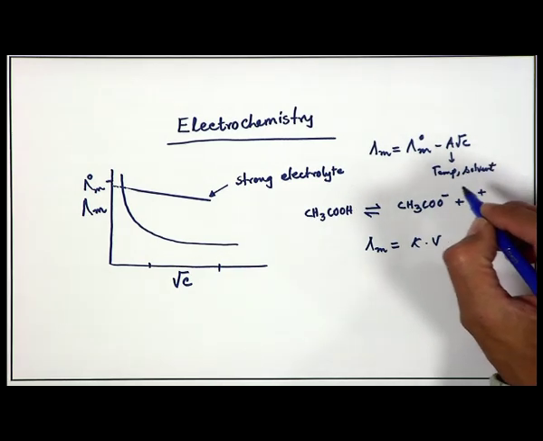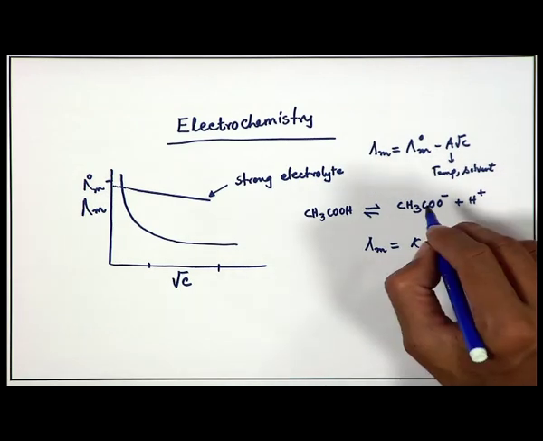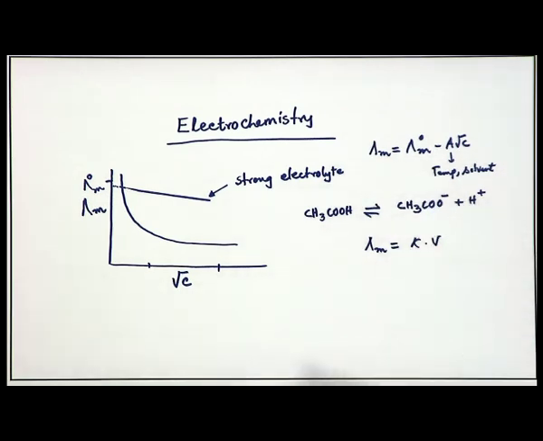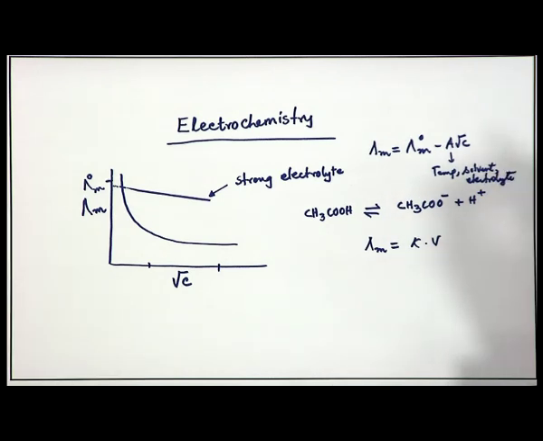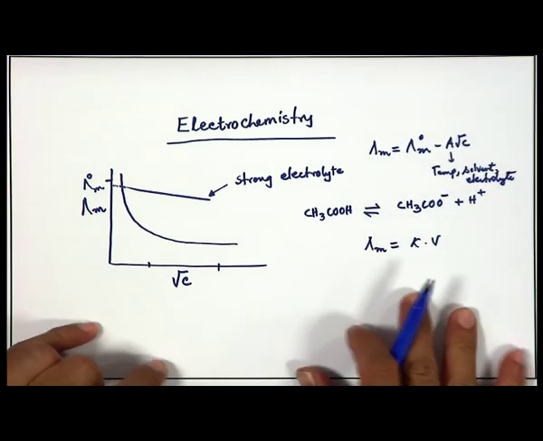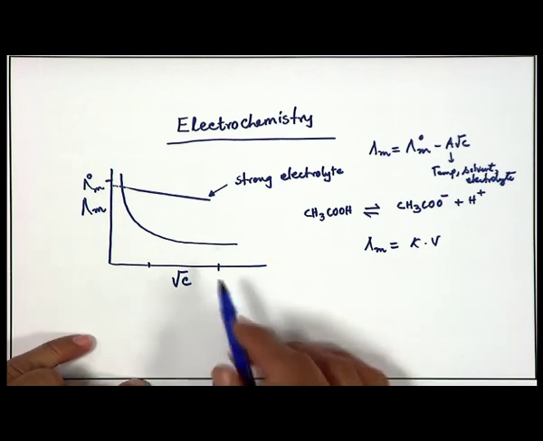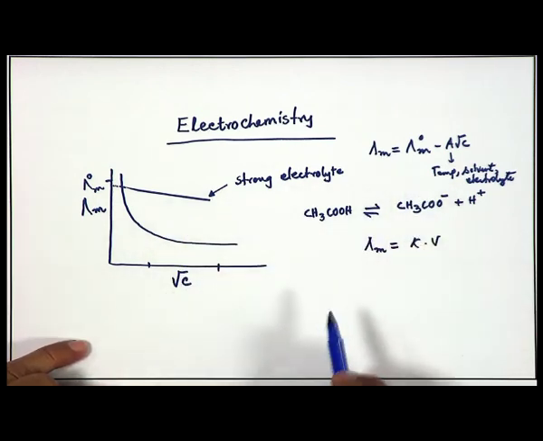Electrolyte means the nature of the electrolyte, whether it is a 1:1 electrolyte or a 2:1 or a 3:1 and so on. So, in case of weak electrolyte, you cannot use this linear method of getting this lambda m.